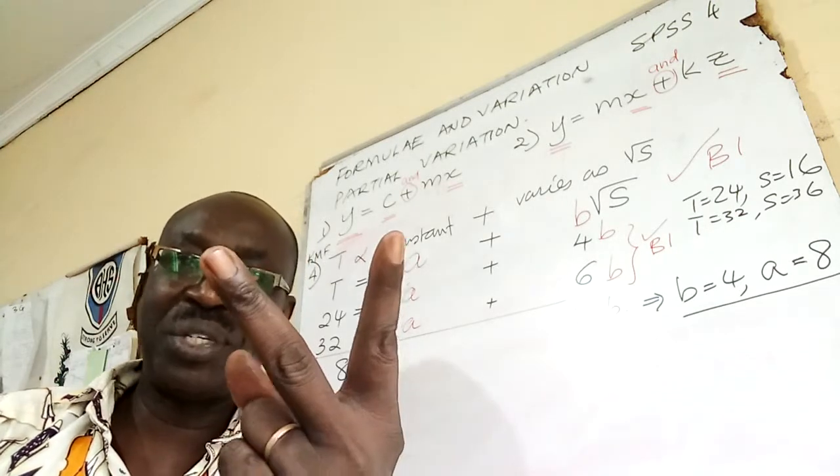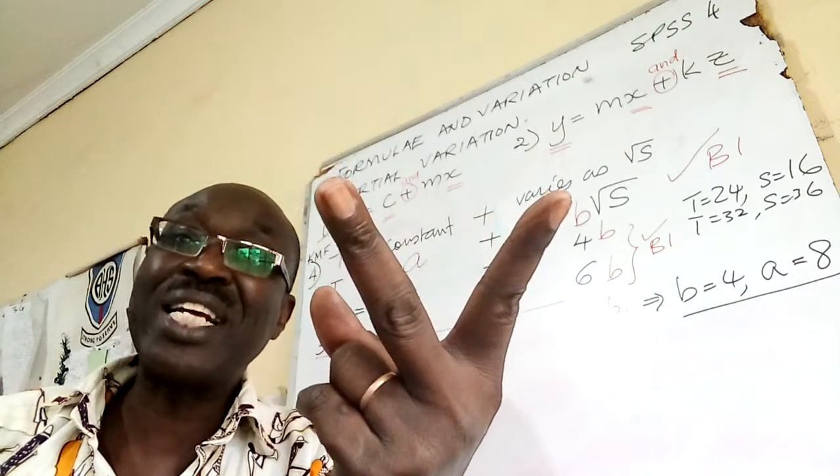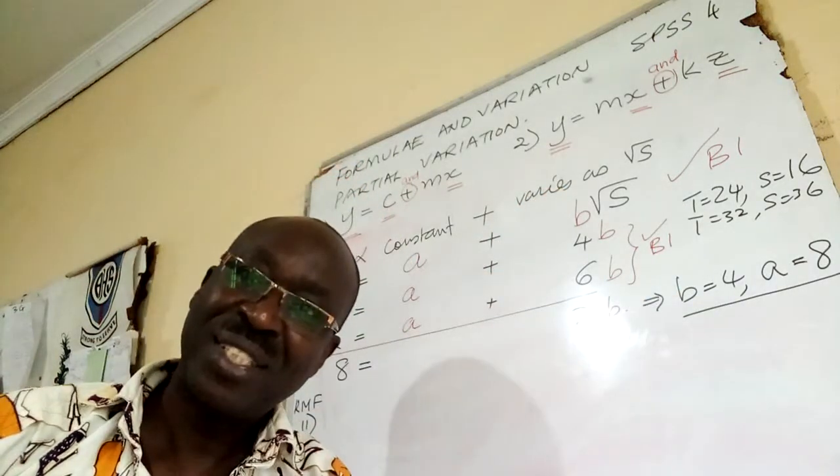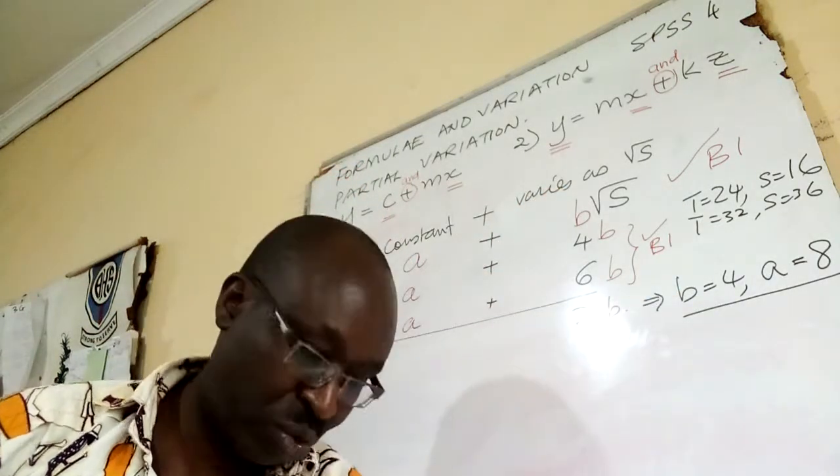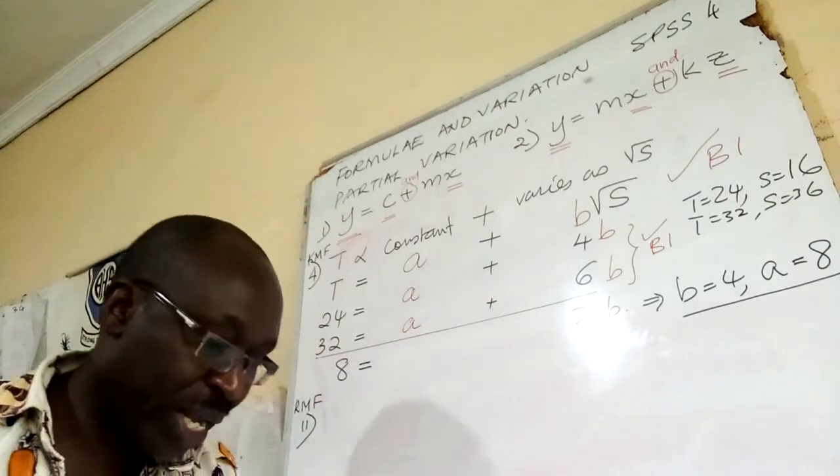Remember, there are only two forms. There are only two alternatives. And there are key things to use. So we go to number 11.